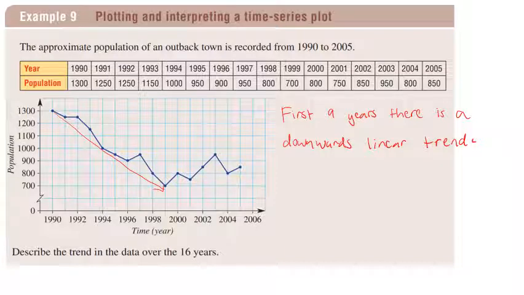Then after this, the population rises and falls in the last 6 years, which you could say results in a slight upwards trend.